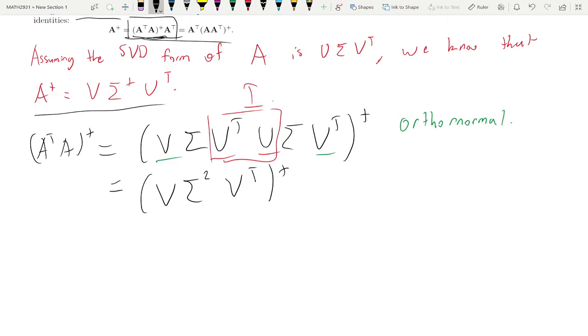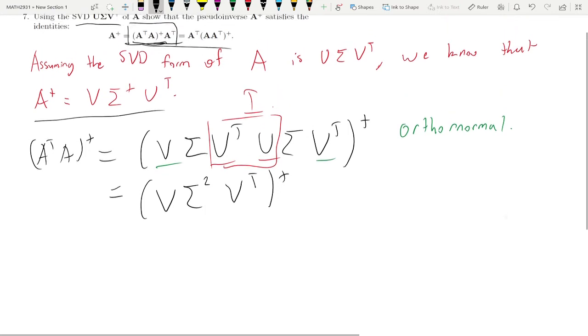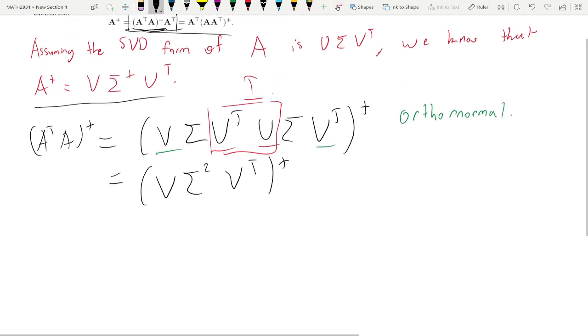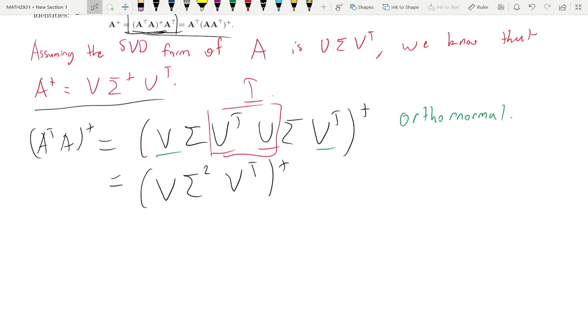Right? Now, the thing we note is that since this is also technically an SVD form, as you can see here, these two individually are orthonormal matrices, right? Because by definition, V is orthonormal, so V transpose should also be orthonormal.